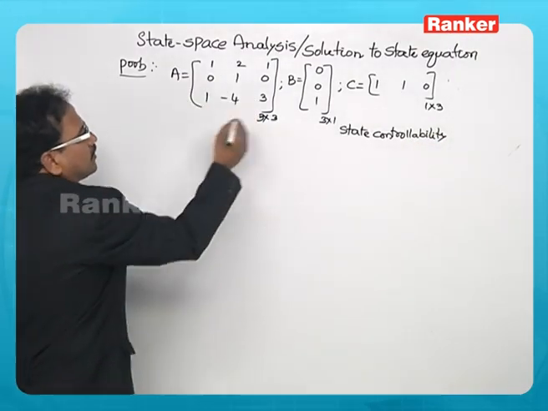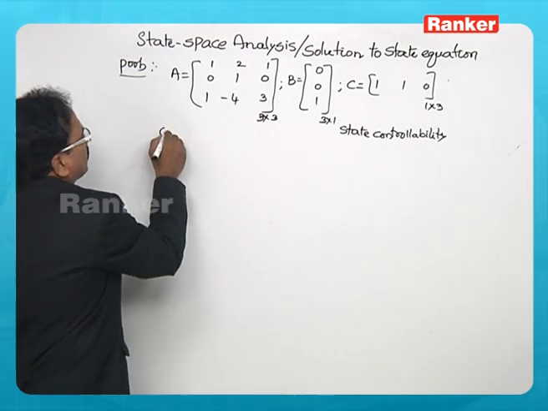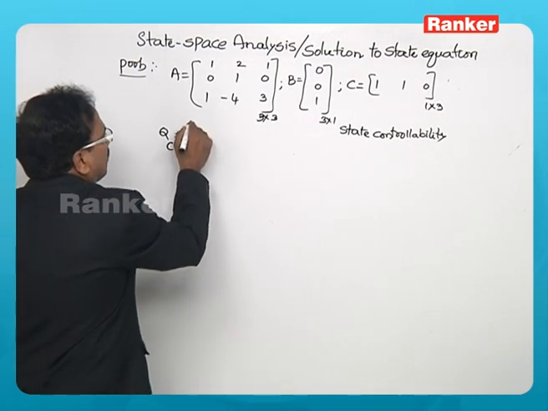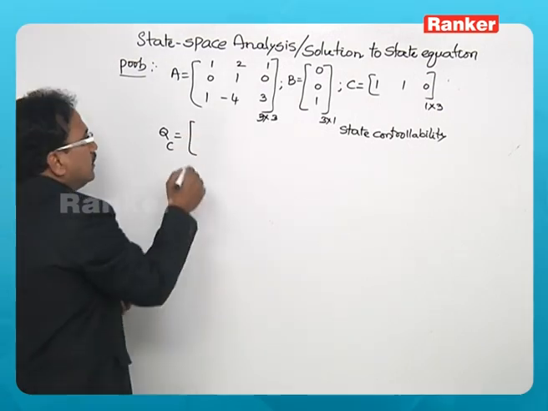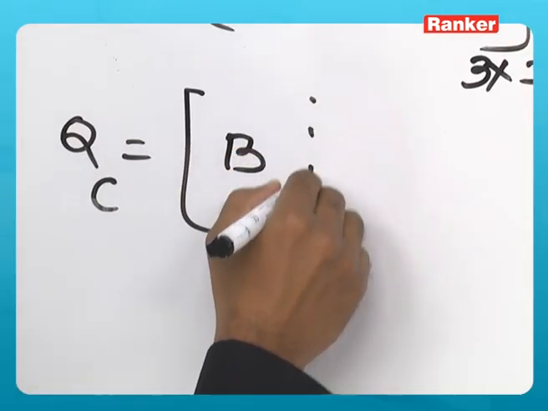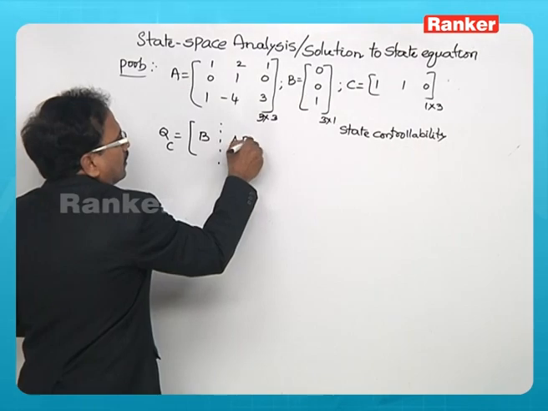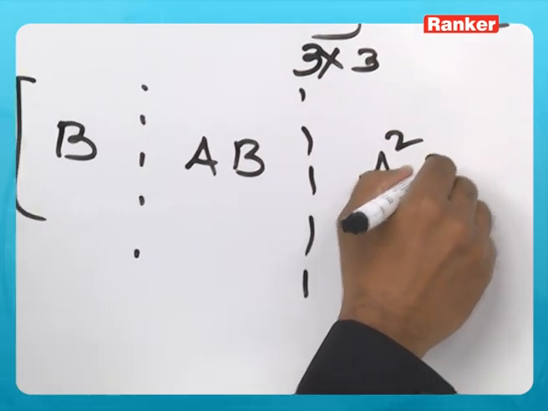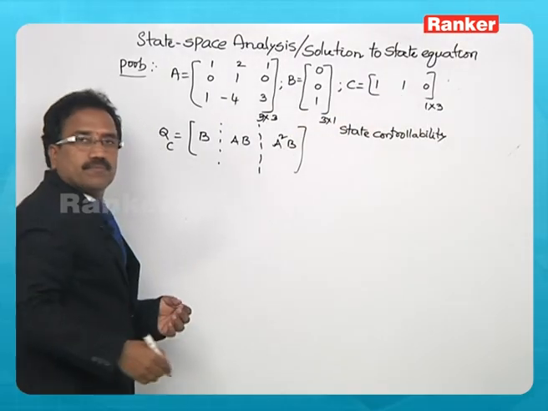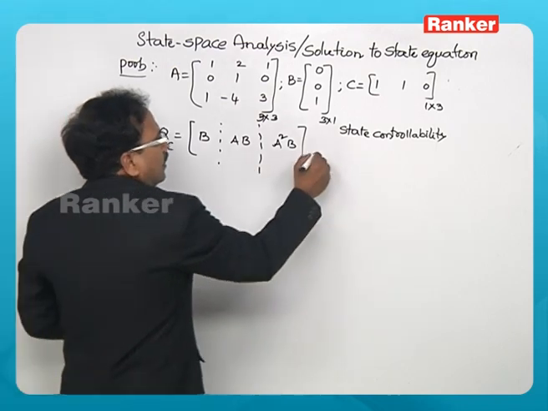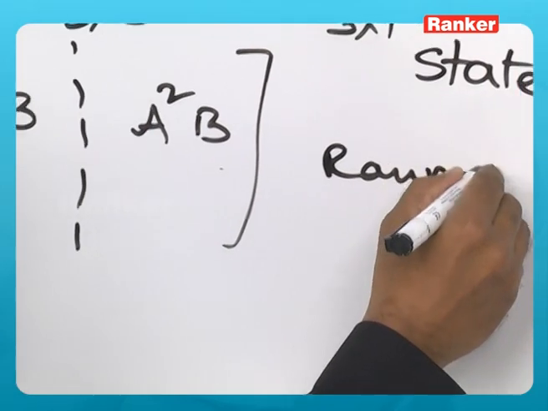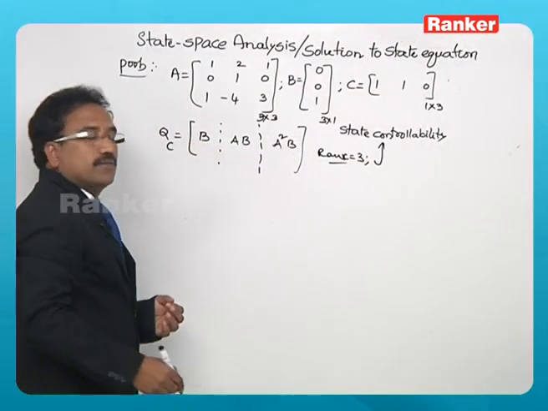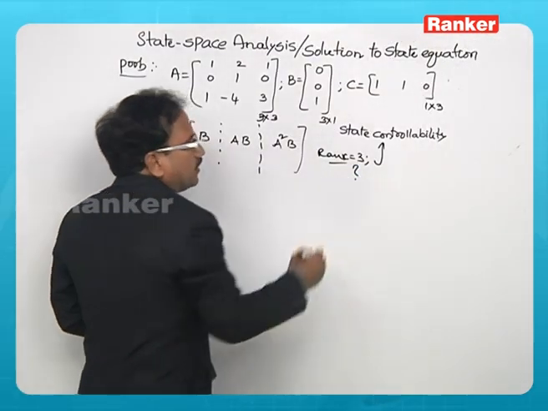As you now have 3 by 3, to form the composite matrix there will be 3 components in it: starts with B as the first component, then AB is the second component, and third you have A square B. The rank of this matrix must be 3, then we will say that the system is state controllable. That we need to check.